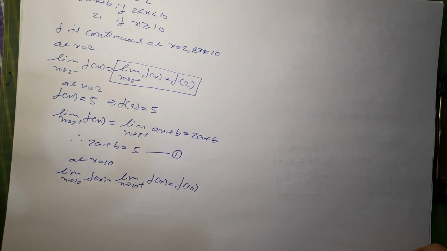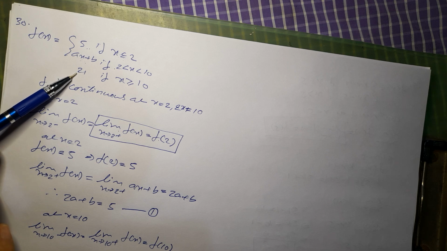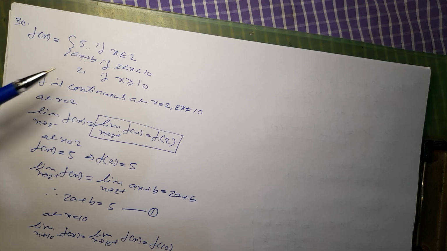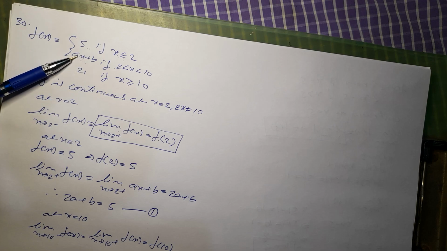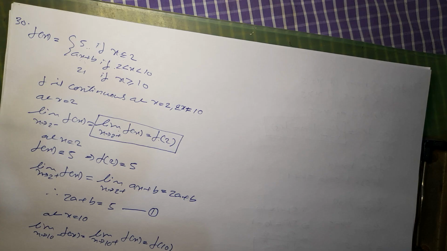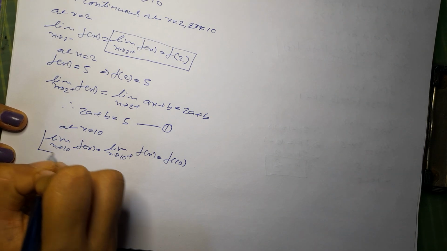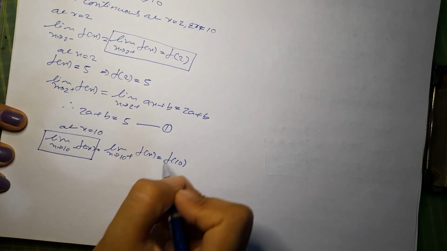One will give the value and one will have the unknowns. The right hand limit gives 21 and f of 10 gives 21. We need the unknowns, so we have to go for the left hand limit and f of 10, because all these three are equal.